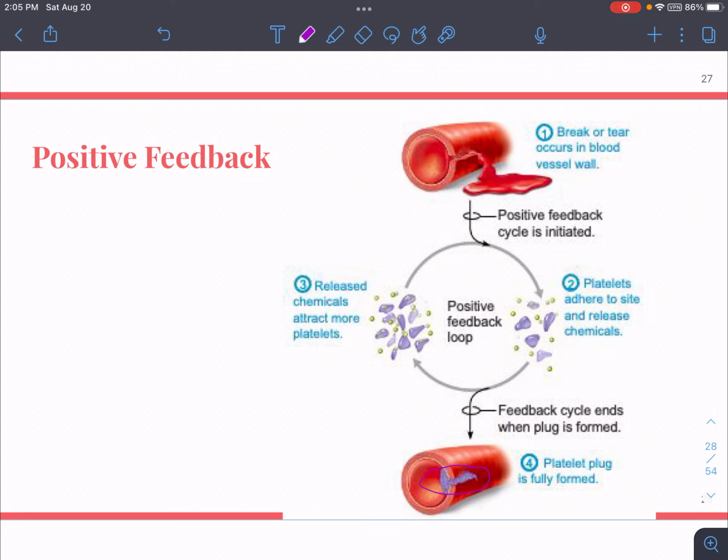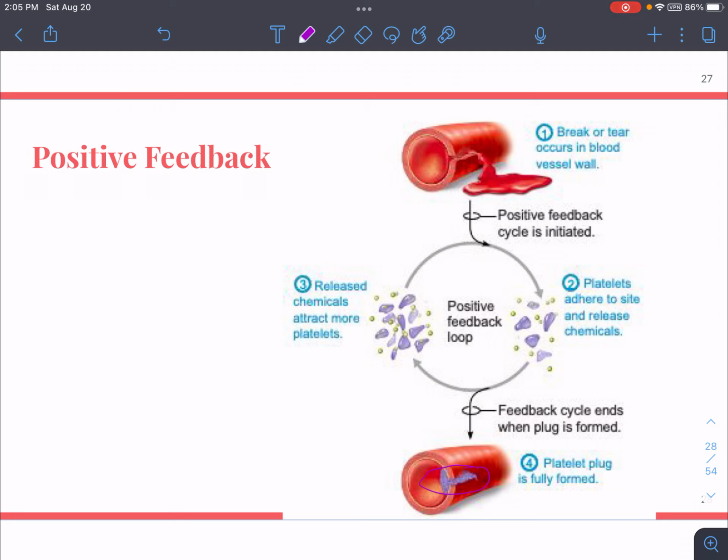Once that hole is plugged up, chemicals are released that attract even more platelets to come to the area to reinforce that plug still. Once the hole is completely plugged up, there's no blood seeping out anywhere, that is the end of the positive feedback cycle.